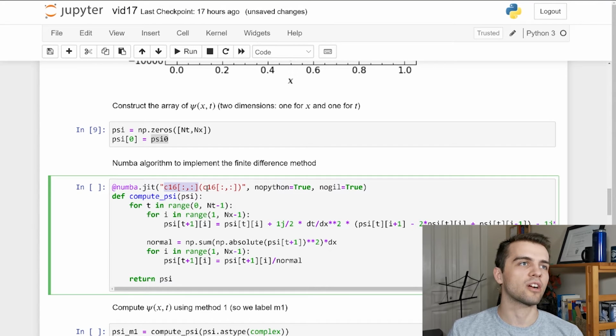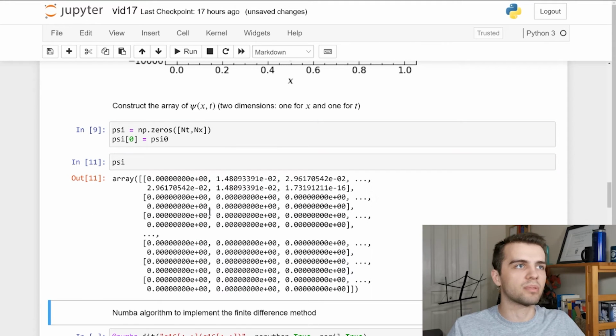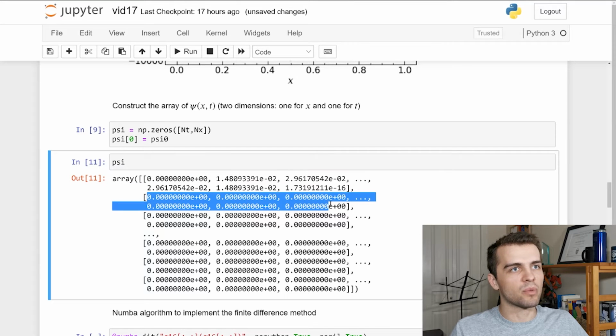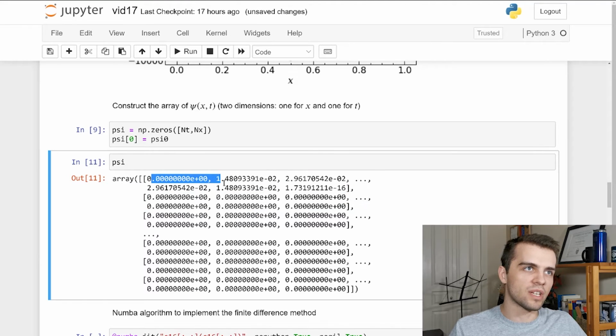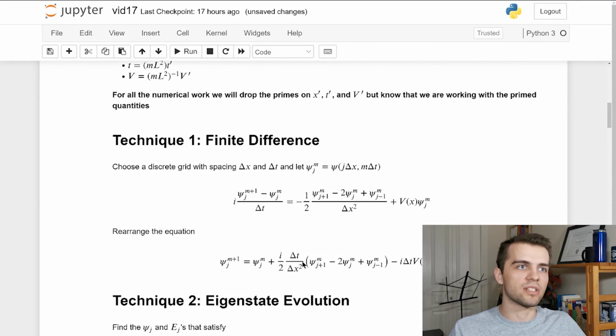This takes in a 2D complex array and returns a 2D complex array. So it takes in this psi, and as you can see, psi right now is not complete. I only have the initial state. And at psi plus 1, it will solve for all these values using the past state. And that's what this equation is here.